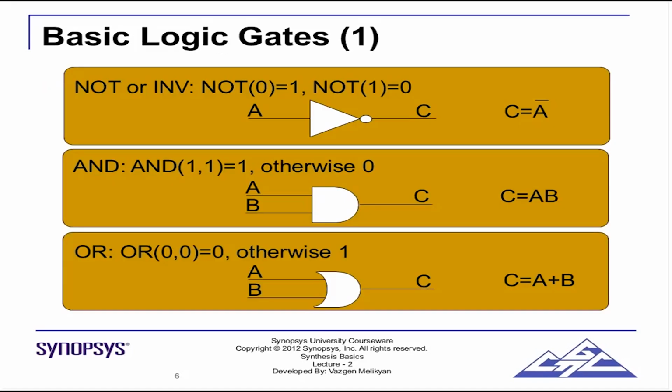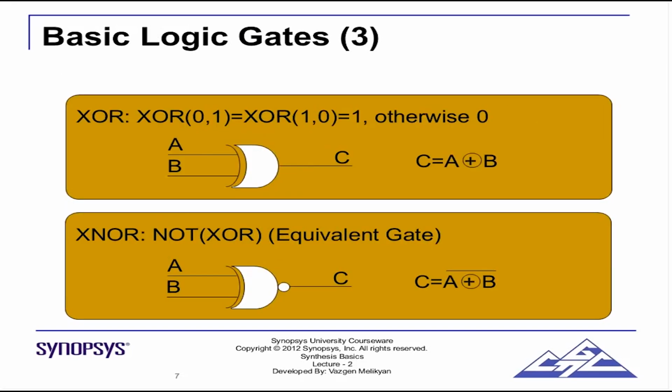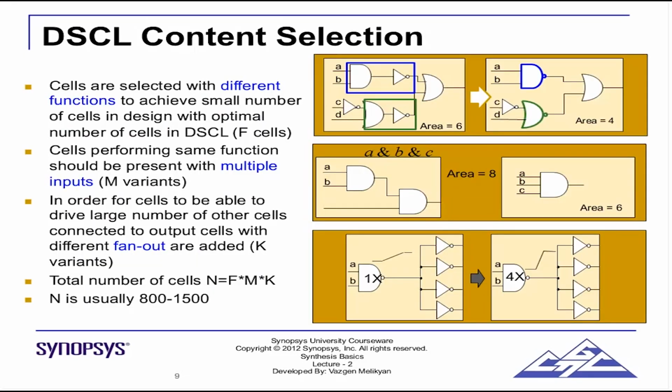Just refreshing the concept of basic logic gates, inverter and OR. I will not go deep into this. Everybody knows this. Similarly, you have NAND, NOR, XOR, and XNOR. Now, how do we choose what cells should go into the standard cell library?